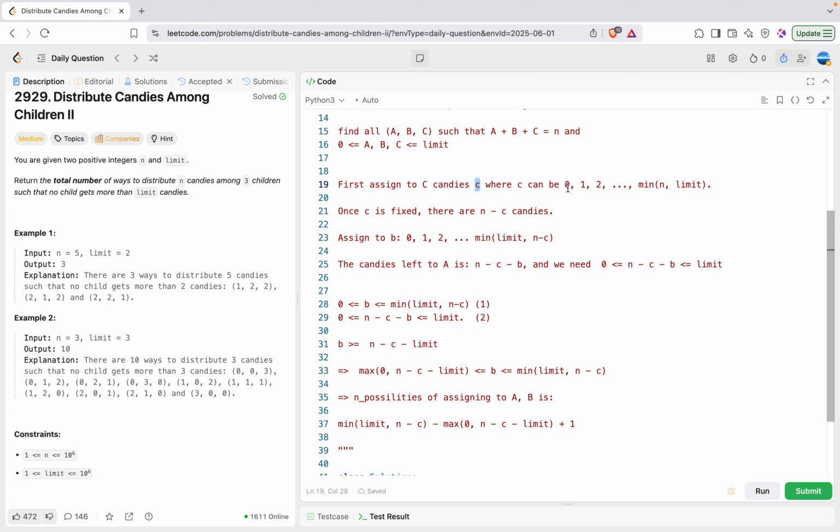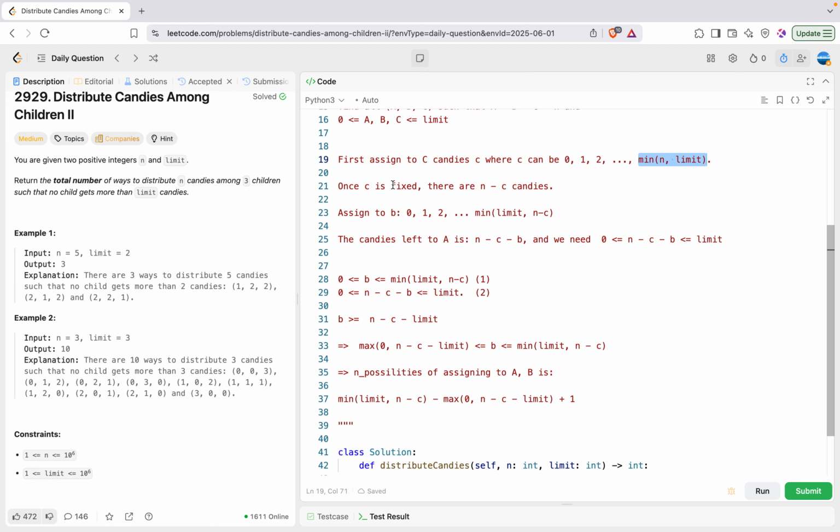C can be 0, 1, 2, at most limit. But this number is also limited by the total number of candies n. Therefore, the candies we can assign to C is at most the minimum of n and limit.